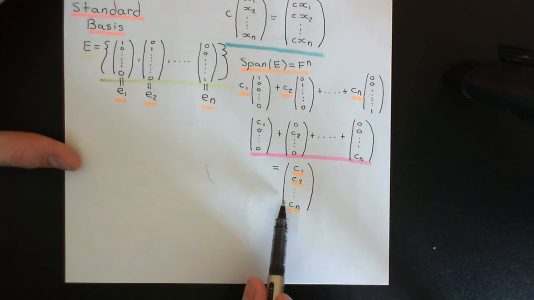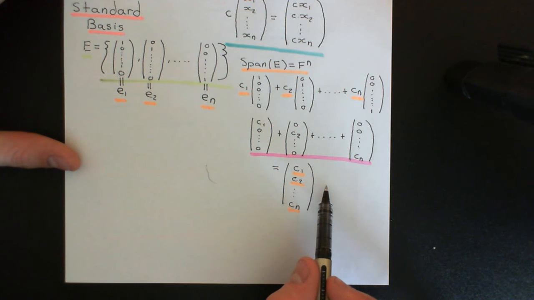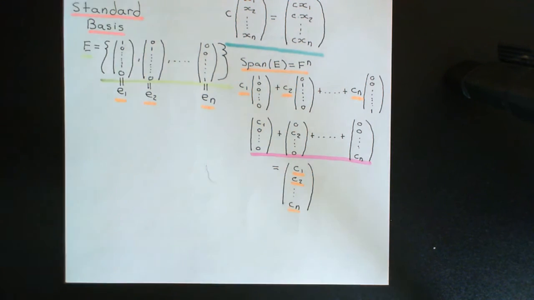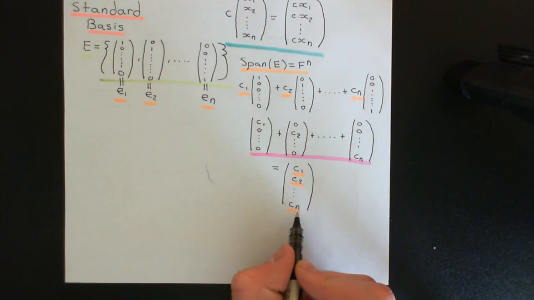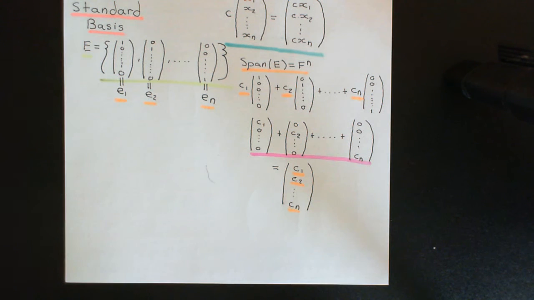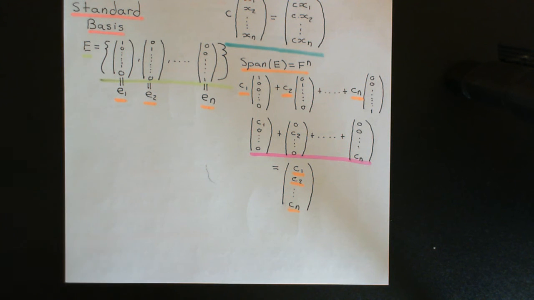Okay, if we want this to equal the 0 vector, we want all of these components to equal 0. So clearly we're going to need C1 to equal 0, C2 to equal 0, all the way down to Cn equal to 0. That's the only way that you can actually get the 0 vector. So indeed it is linearly independent. Okay, so this standard basis, this set of vectors from Fn, it is a basis of Fn.